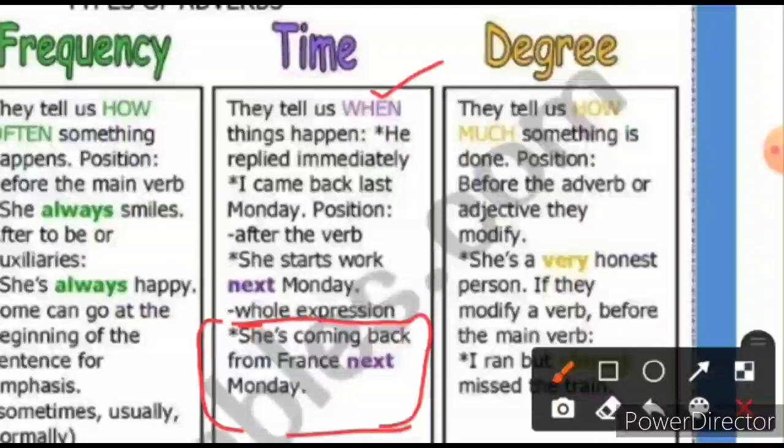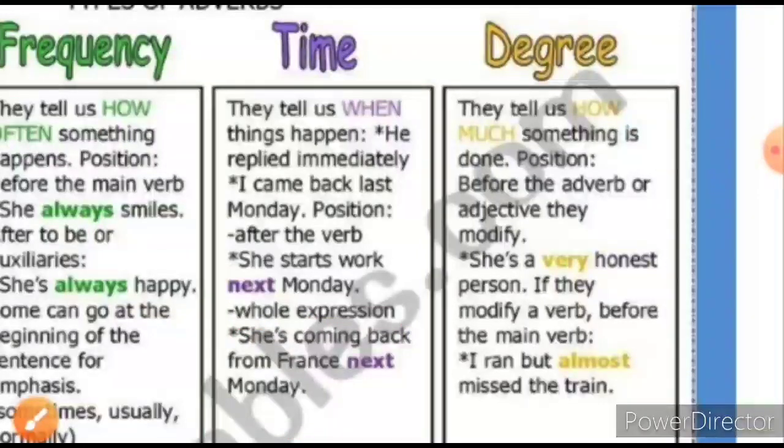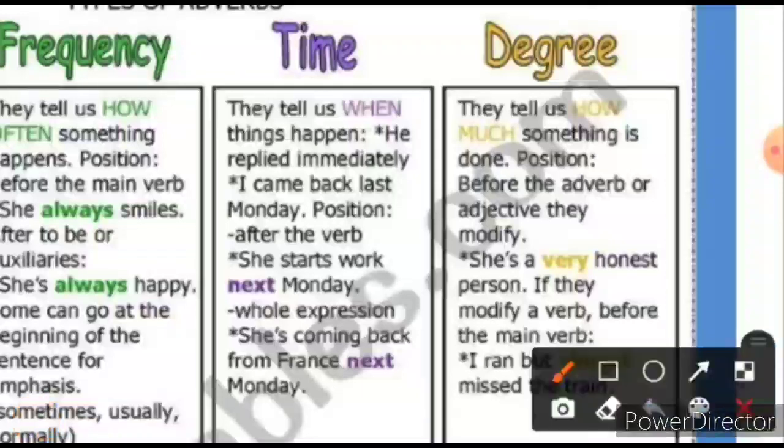The next one is adverb of degree. Adverb of degree will answer the question of how much something is done. Position: before the adverb or adjective they modify. So adverb of degree will come before the adverb or an adjective.